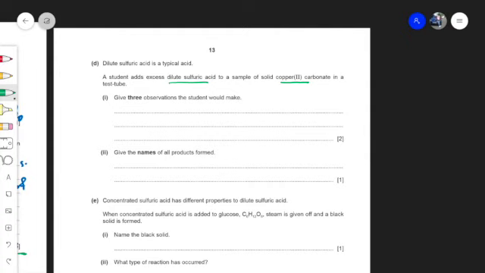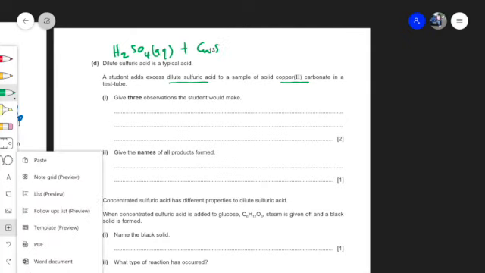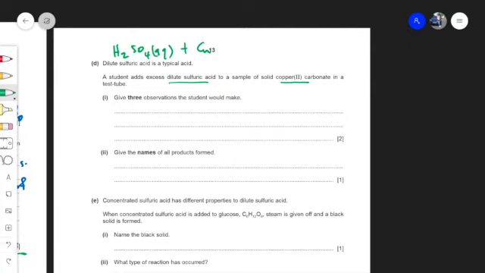So now we've got your sulfuric acid. Remember that it is dilute, plus copper carbonate, right?